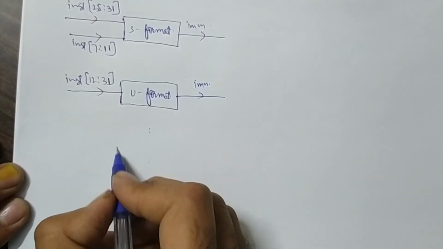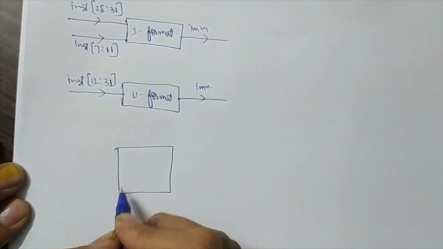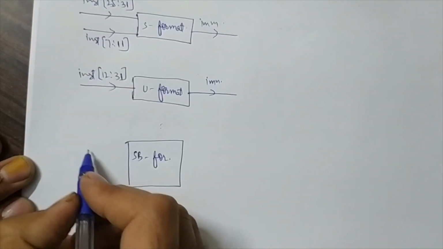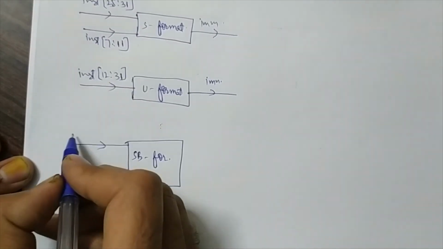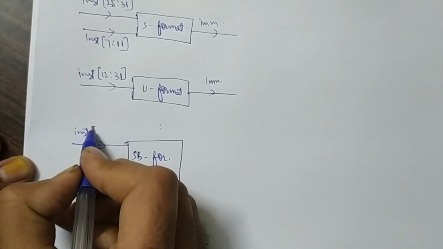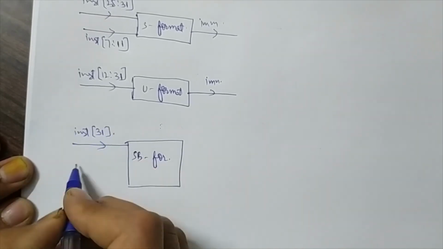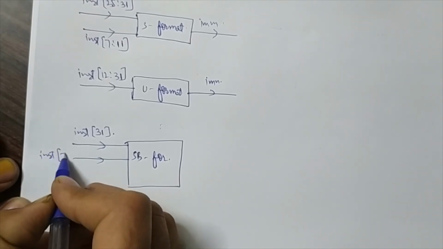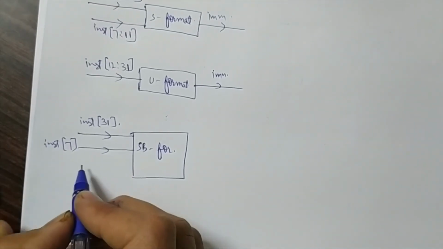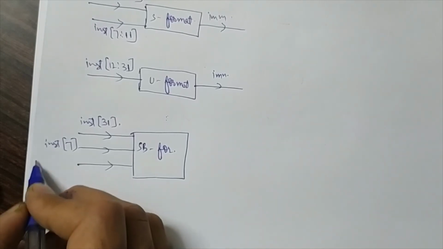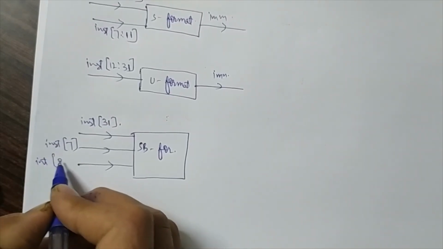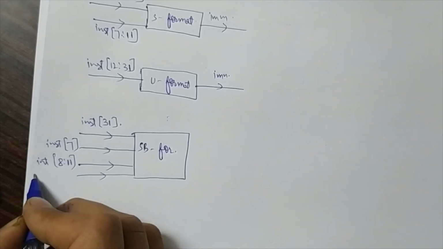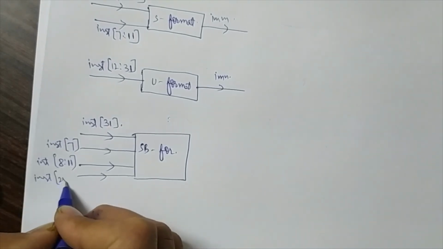Then we have the SB format block. It can form the immediate using these components: instruction bit 31, instruction bit 7, instruction bits 8 to 11, and instruction bits 25 to 31.